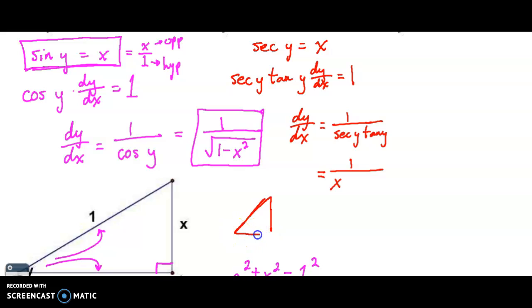Because remember, secant is the reciprocal of cosine, so put a y right here, just like I drew this triangle. Instead of x being the adjacent over 1, the hypotenuse, 1 is the adjacent, and x is the hypotenuse.